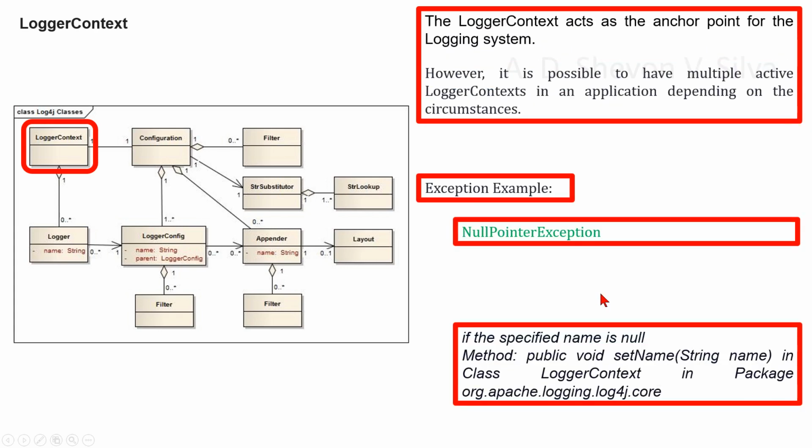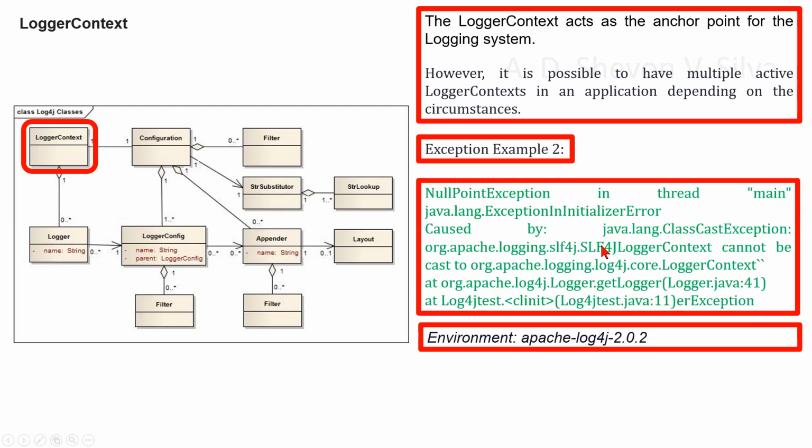As an exception example, we can consider NullPointerException. If the specified name is null in the method public void setName(String name) in class LoggerContext in package org.apache.logging.log4j.core.